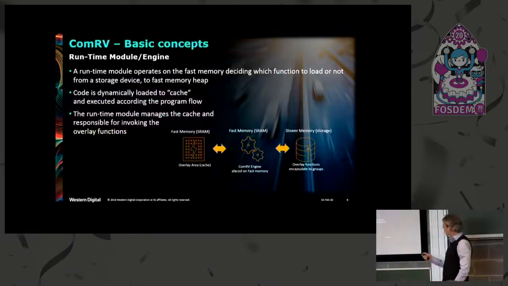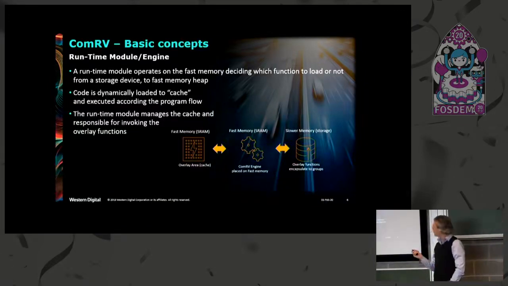Okay, so the basic concept is like there is an engine in the middle of the screen here. This engine is running on the fast memory, and it's responsible to decide what to be loaded and what not to be loaded from the storage device on the right, which is the slow memory. It can be whatever storage you wish.